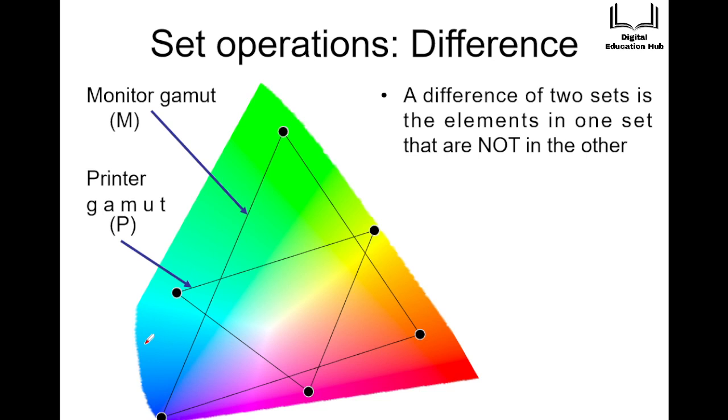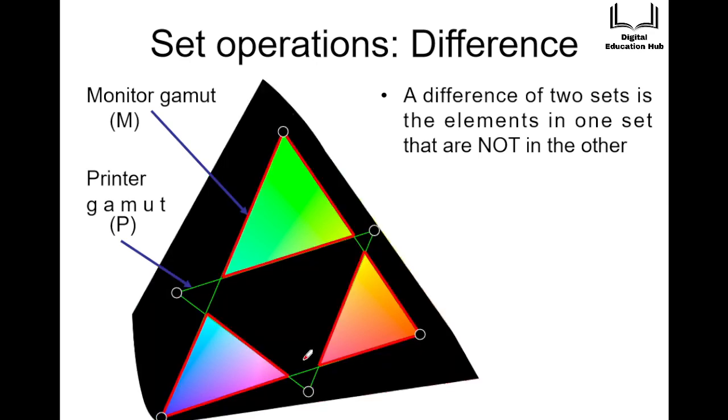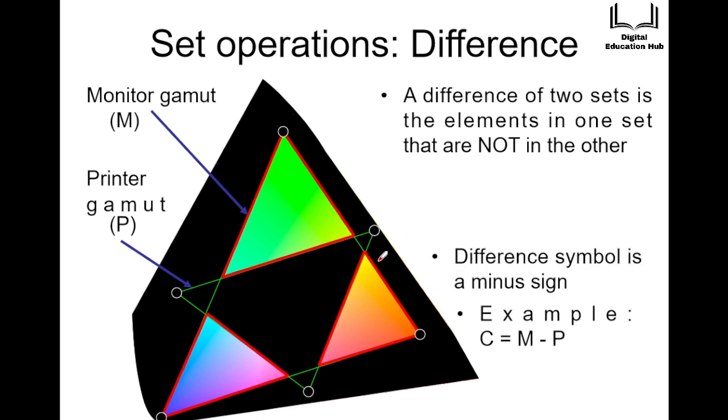Suppose we have this particular set M and set P. So M minus P will stand as removing the elements which are present in M which are also present in P. Since the central part was present in P, M minus P will stand for this region. So C is equal to M minus P.